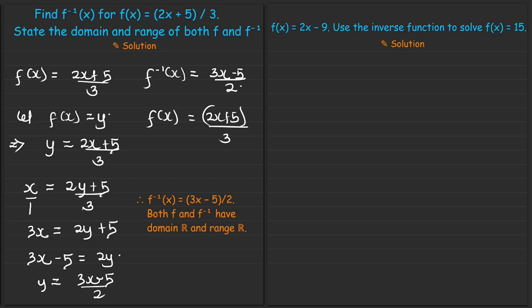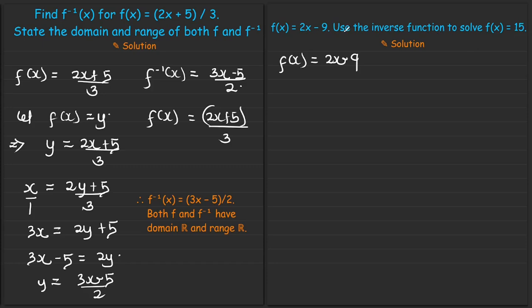Looking at our last but one question, it says f of x equals 2x minus 9. That is our f of x, giving us 2x minus 9. And it says you have to use the inverse function to solve for f of x equals 15. Using simple algebra, I can just equate this to 15 and solve.